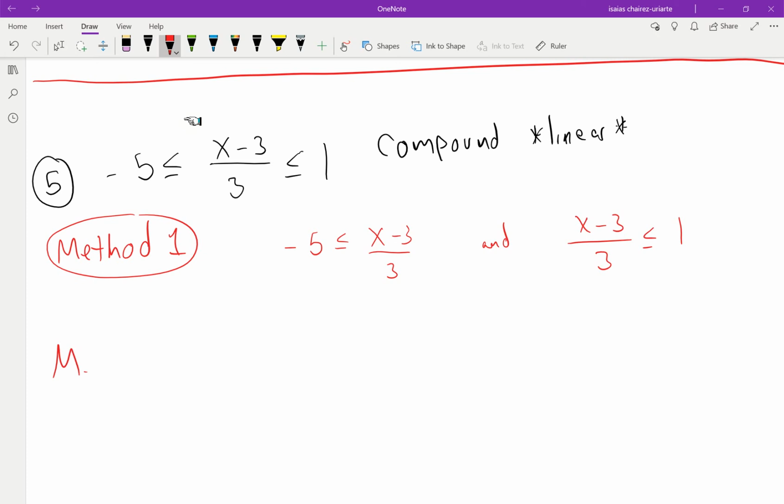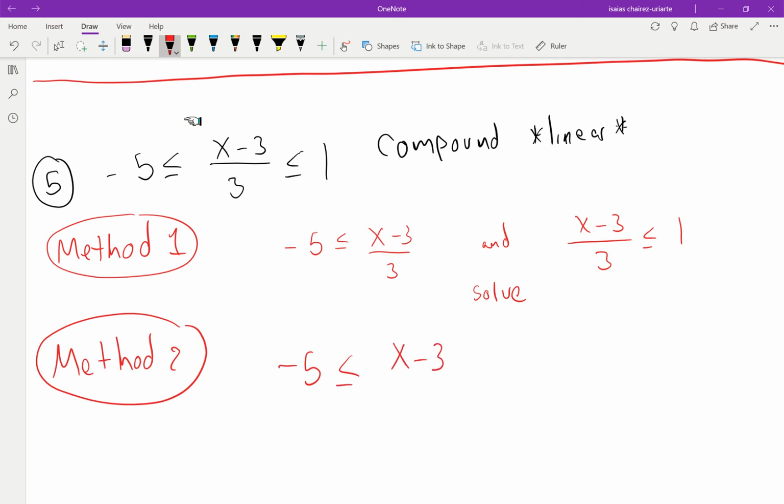Then there's method 2. In method 2, I'm going to solve both inequalities at the same time. I'm not really going to rewrite anything, I'm just going to start with the compound inequality.